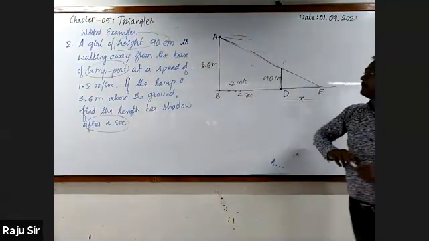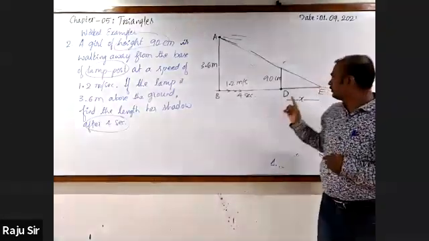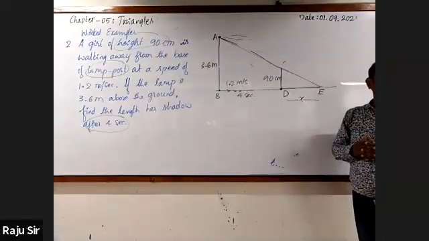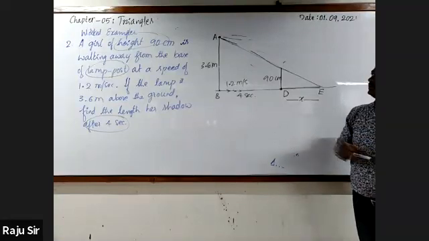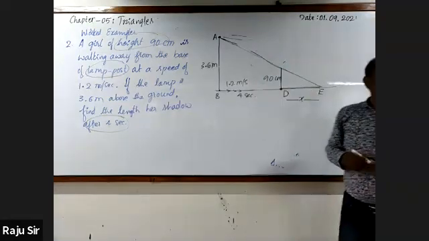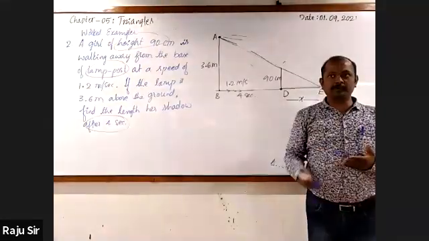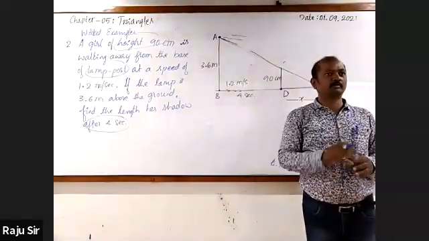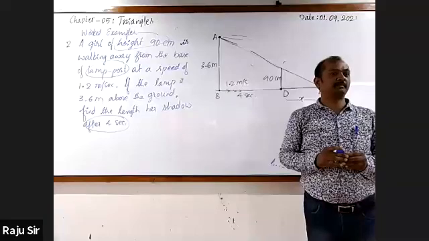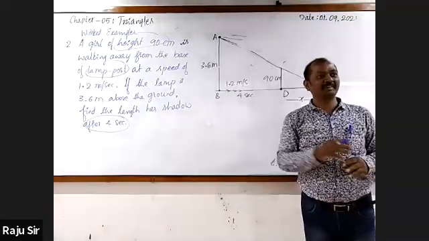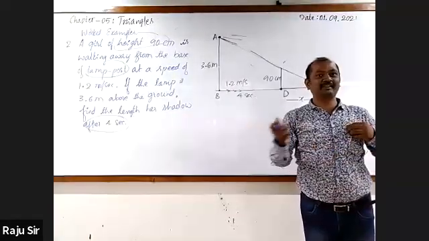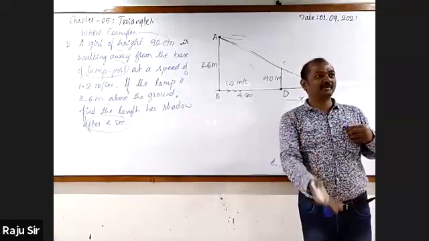Now you tell, how do you go about finding this? Don't know? I'll give you the idea. Are we standing perpendicular to the ground or parallel to the ground? Perpendicular. Parallel is when you are sleeping.